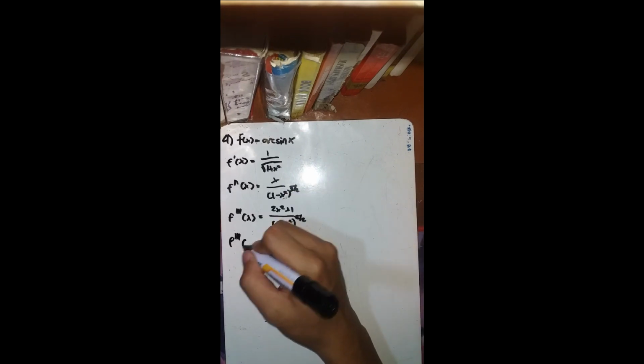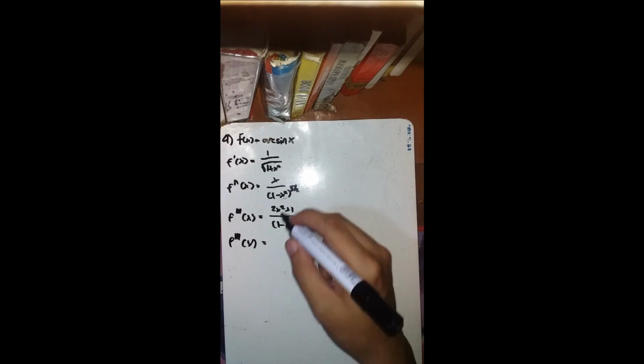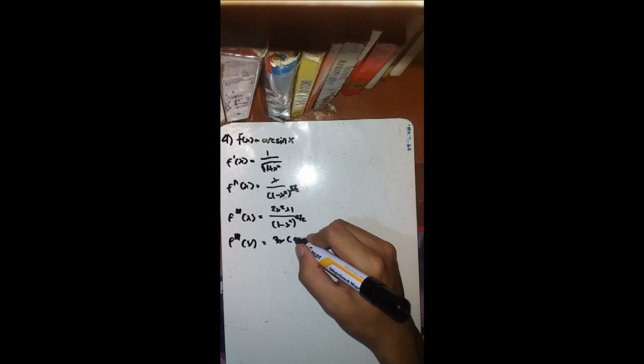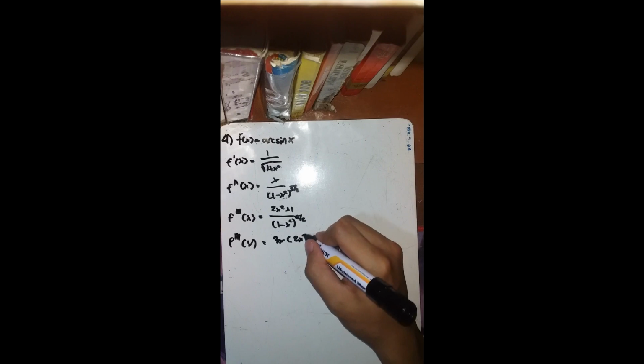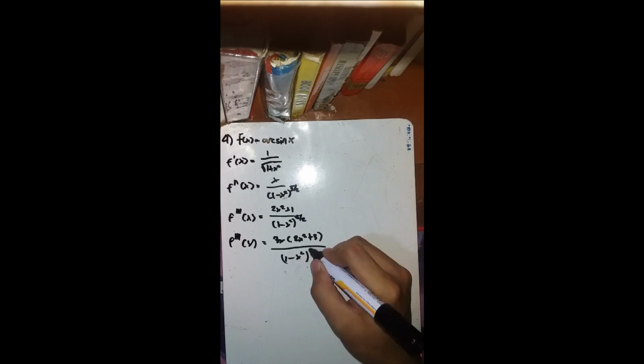Your fourth, you can use the quotient rule, and this becomes 3x multiplied by 2x squared plus 3, all over 1 minus x squared raised to 7 halves.